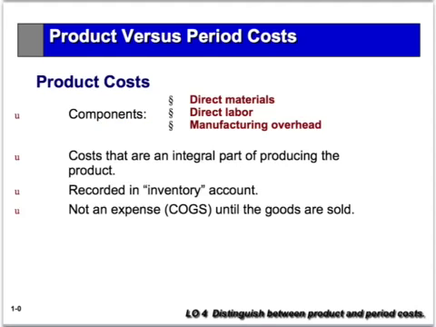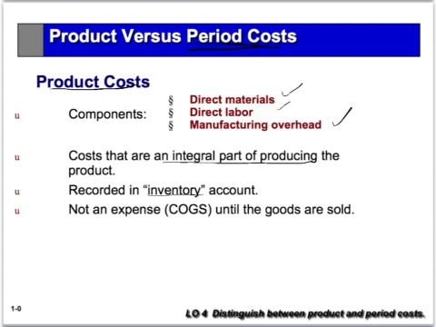In the last video, I drew a factory and I demonstrated for you the difference between a product cost and a period cost. Now to review, product costs are all those costs that are part of producing a product. They can be categorized as direct material, direct labor, and manufacturing overhead. These costs are not expenses in the income statement as you normally would expect, but are costs of producing my inventory, so they are part of the asset called inventory.